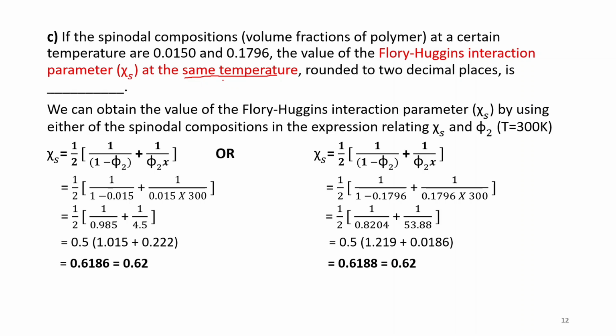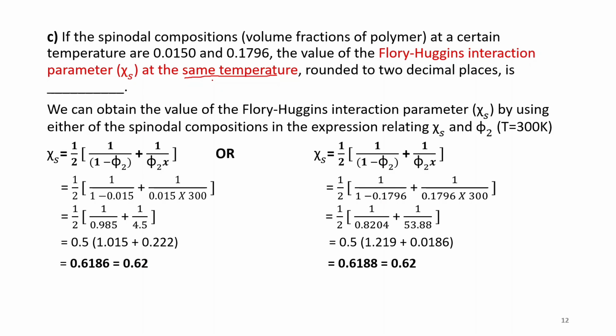In the previous question, we already had the temperature value and calculated the chi, and then we calculated the volume fraction. But in this question, the formula applied will be the same, since we have the volume fractions here, but we need to calculate the chi value.